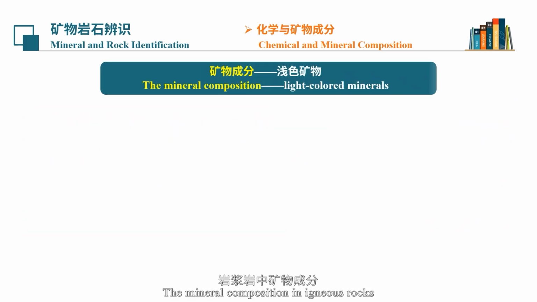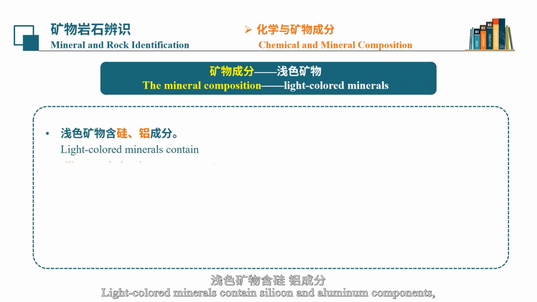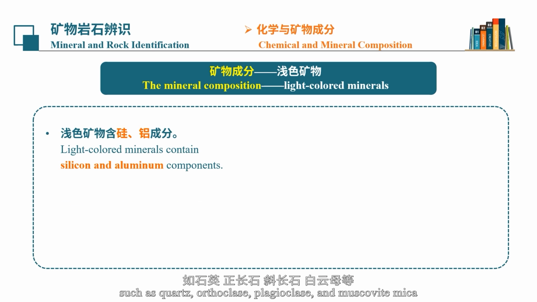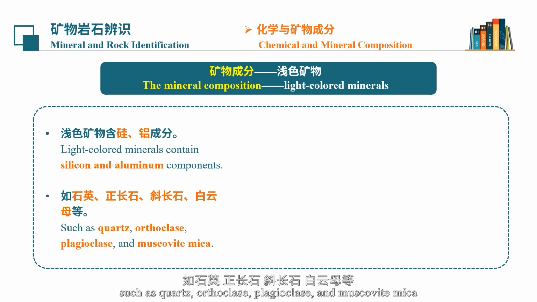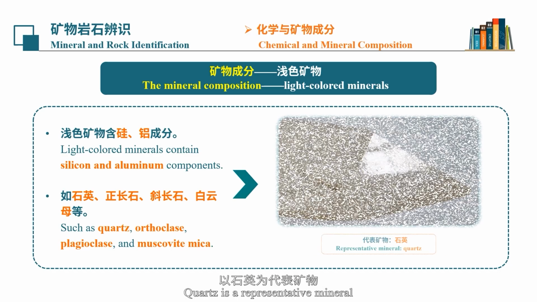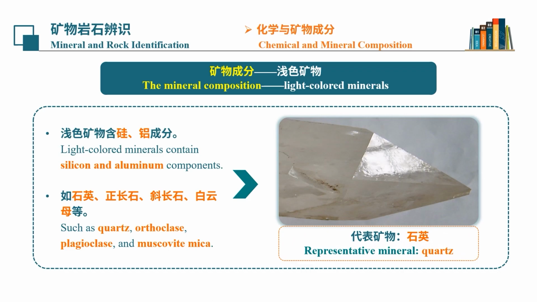The mineral composition in igneous rock is divided into light-colored minerals and dark-colored minerals. Light-colored minerals contain silicon and aluminum components, such as quartz, orthoclase, plagioclase, and muscovite mica. Quartz is a representative mineral.